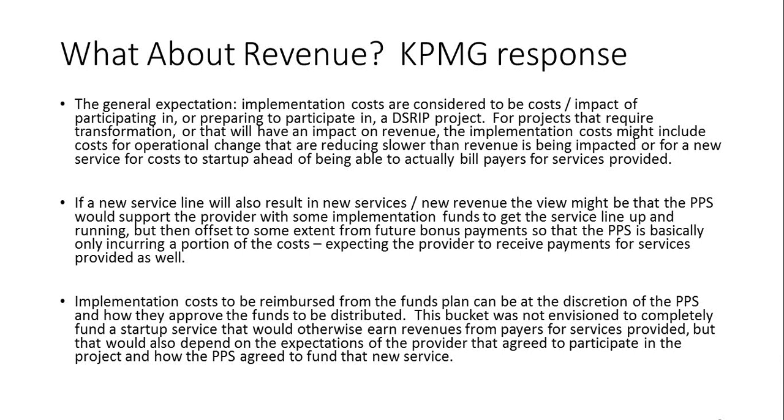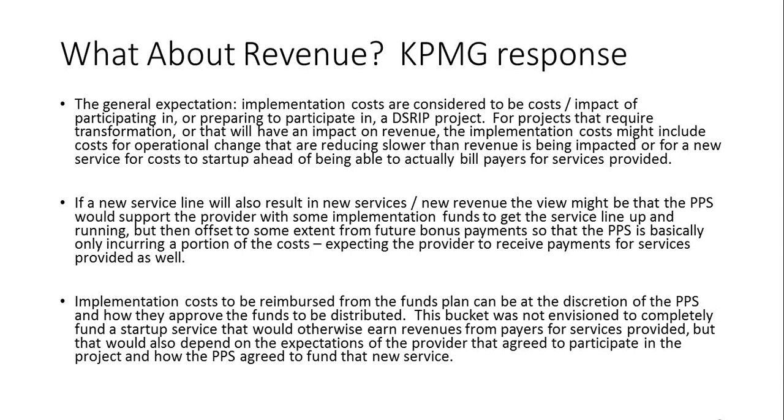I think we'll go through the first one. And again, this is KPMG's response to our question. And our question was, like many people had, if we are, as part of a project, going to be creating new revenue, or we already have revenue, how do we factor that in? So here's what they gave us for the first bullet point, the general expectation. They said that implementation costs are considered to be costs or the impact of participating in or preparing to participate in a DSRIP project.